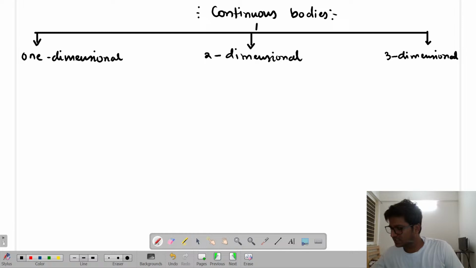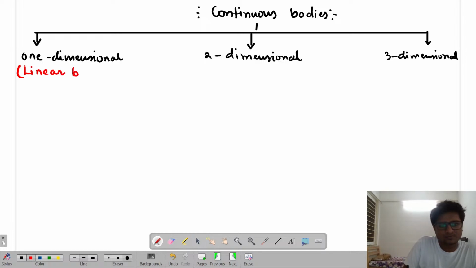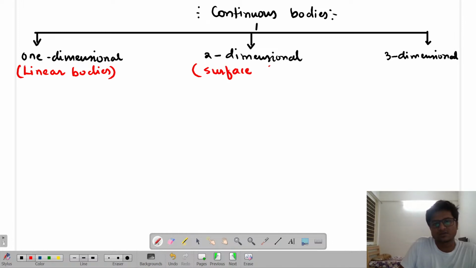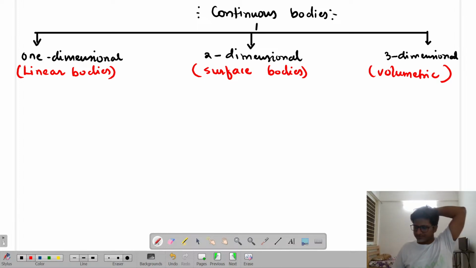One-dimensional bodies are also known as linear bodies. Two-dimensional bodies are called surface bodies. And three-dimensional bodies are called volumetric bodies. Are you able to get me?